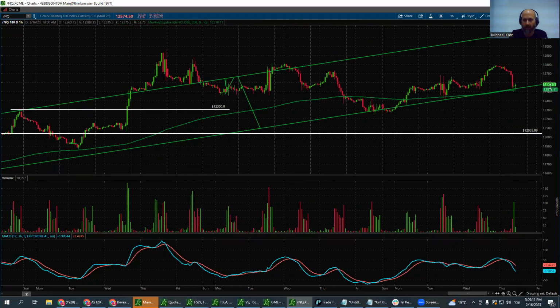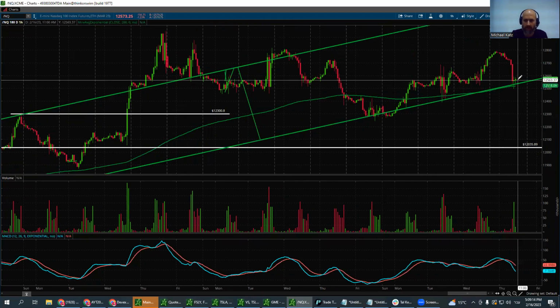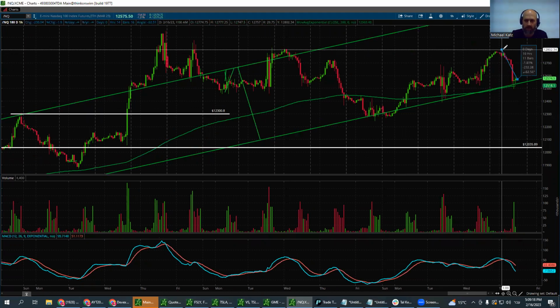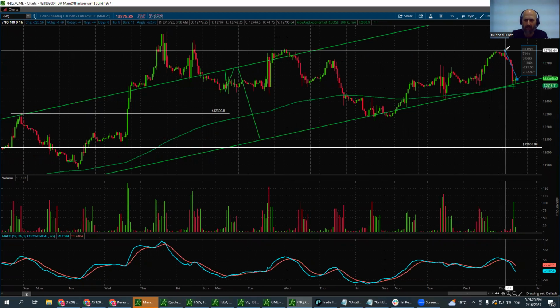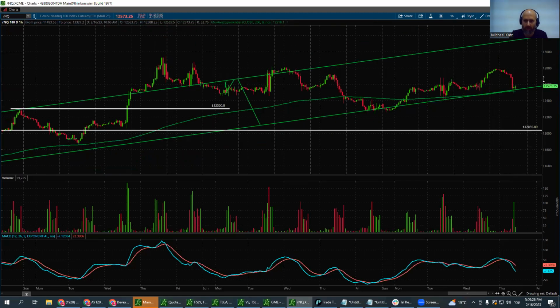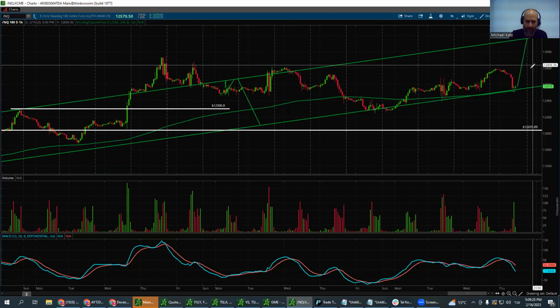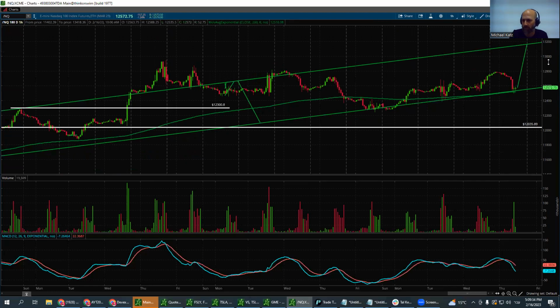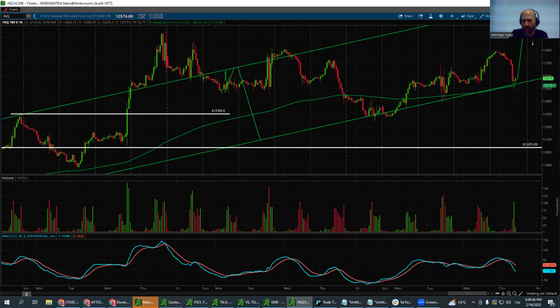So let's say the first scenario will obviously be to continue to the upside, trying to reach those previous levels. You can see it around the 12,800 area. And if we break through them, we should continue higher to the upper line of the channel. That's one scenario.